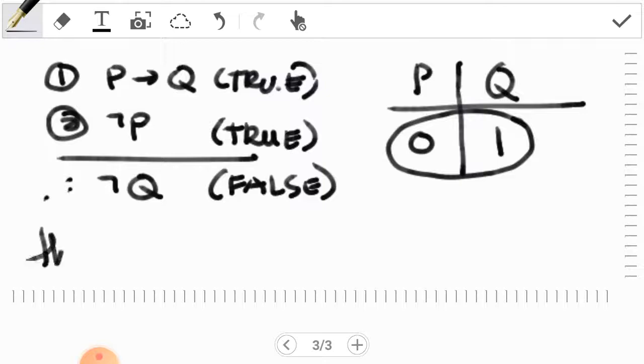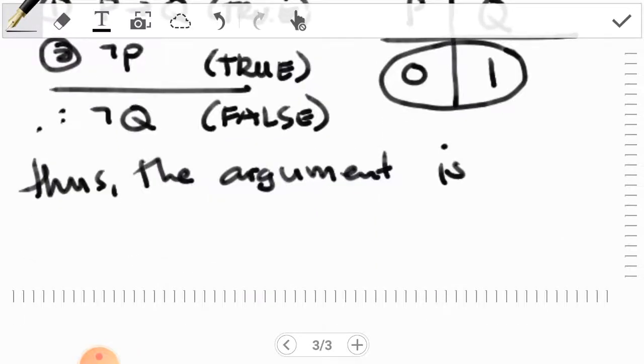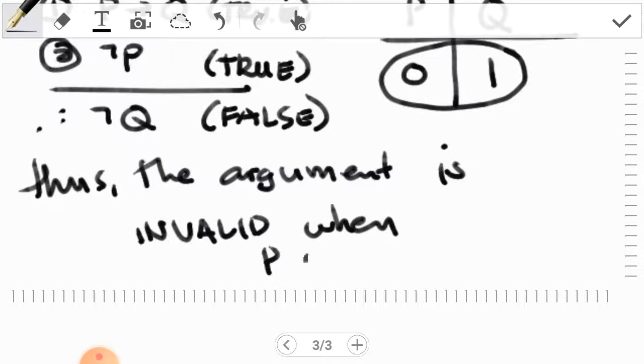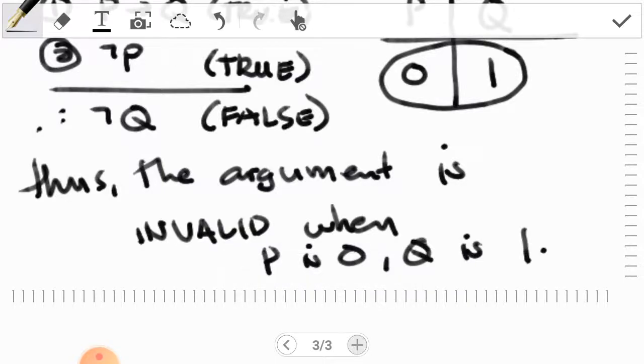Therefore, the argument is invalid when P is false, Q is true. Okay? So that's another example of an invalid argument.